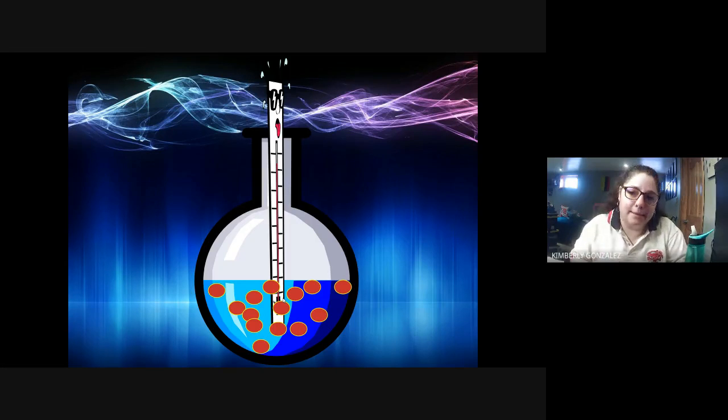What happens is that every time, because we've added energy to the molecules so they're moving more, that extra energy, every time there's some sort of a collision, is being transferred. So as the molecules hit the thermometer, it transfers that extra energy into that rubbing alcohol, making it go up.